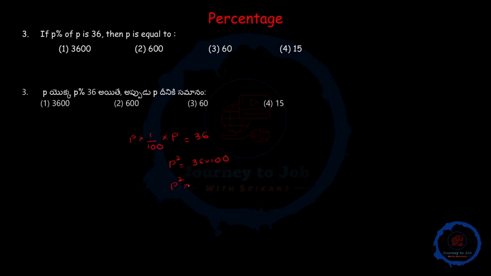So p square is equal to 6 square, because 36 means 6 into 6. So 6 square into 100, and 100 means we know 10 square. So p square is equal to 6 into 10, this whole square. So p is equal to, the square gets cancelled, p is equal to 60. So 60 is the answer.